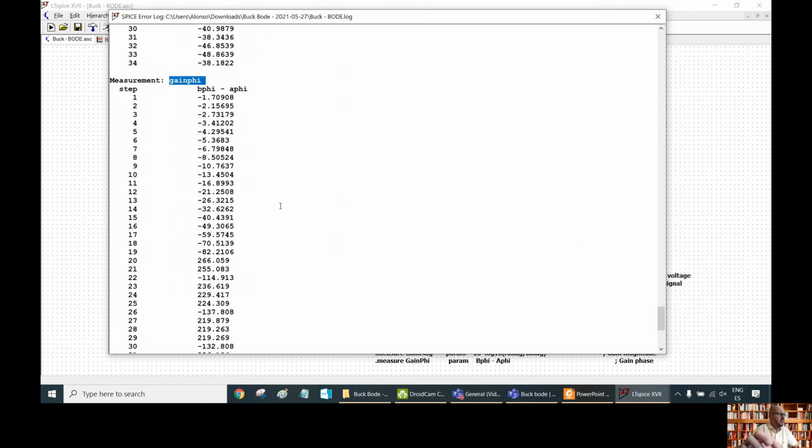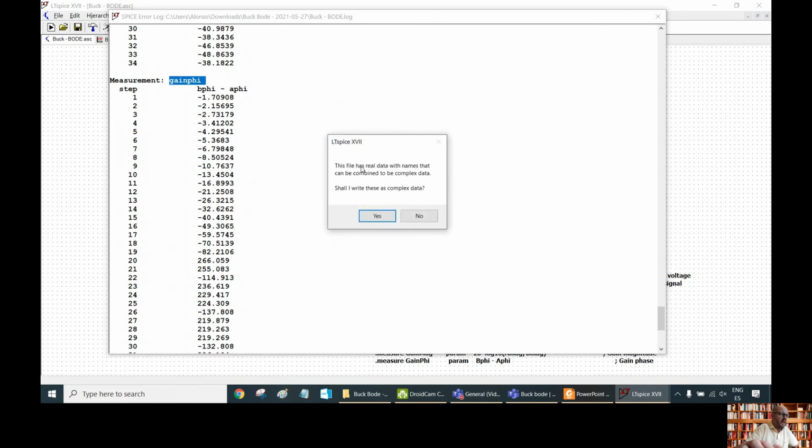But LTspice can also represent this by doing the plotting, and for this we just have to click on the right button of our mouse and then select this plot step measured data. This is asking that our file has real data and complex data, and then it is asking if we want to write this as complex data.